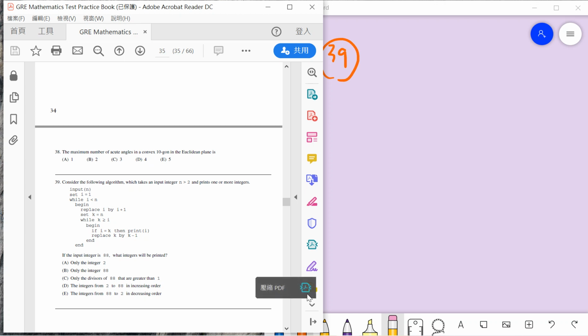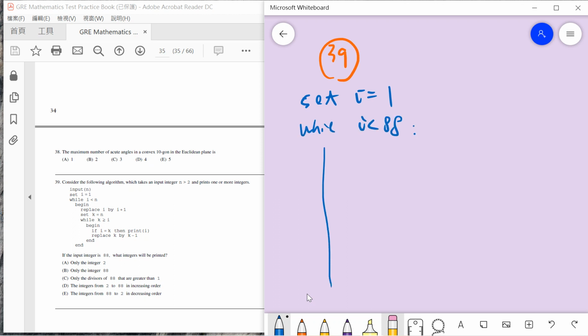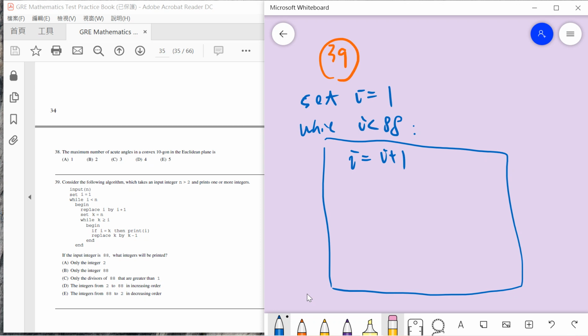So what's the number you print? I guess there's no mysterious way, we just check. Say i equals 1.